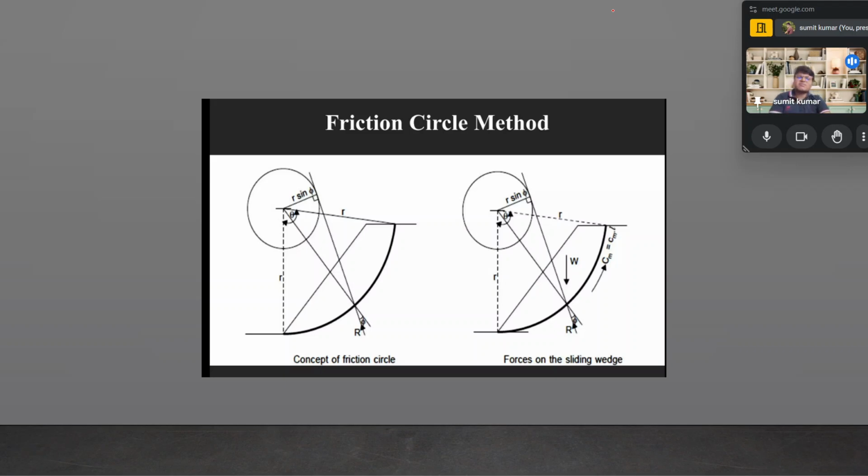In the figure the radius r sin phi is clearly visible, and the mobilized cohesion Cm is also shown. So the forces on the sliding wedge are W, Cm and R.